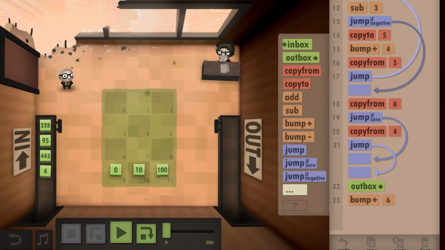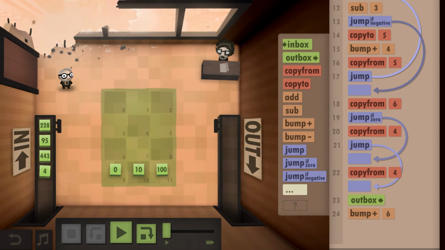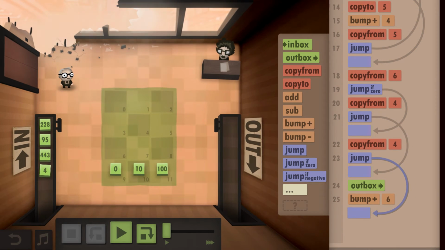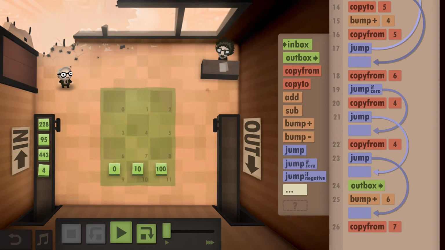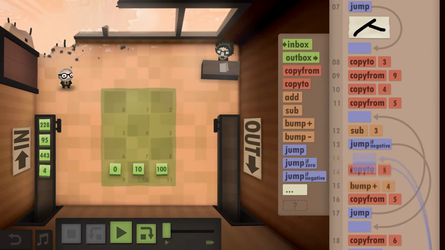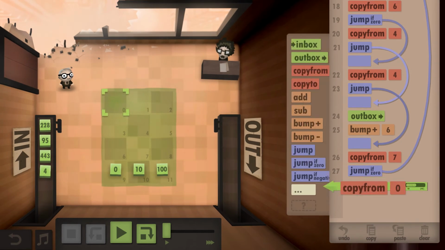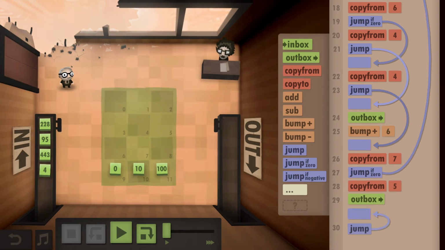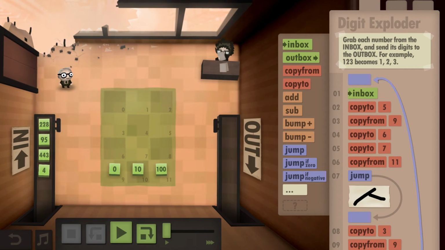But if it is 0, we need to copy from there and then jump down to here. Copy from that location. And if this is 0, we need to go all the way back up here. Otherwise, we will copy from that location and put that in the outbox, and then jump to the tippy top. Right? Yeah.